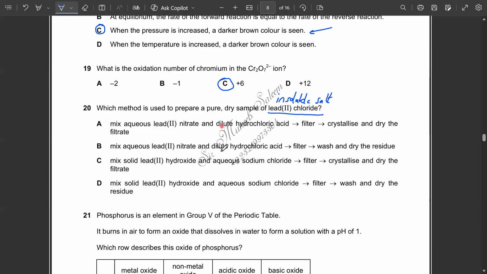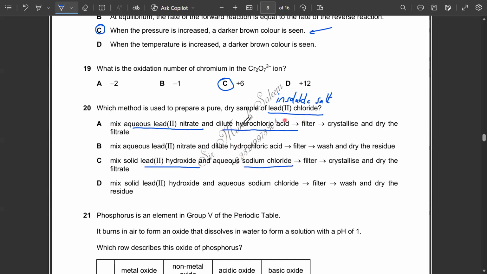We remember that first of all, what kind of reactant will be there to react with each other? We are provided with lead nitrate reacting with hydrochloric acid, and in the C and D options we have lead hydroxide reacting with sodium chloride.